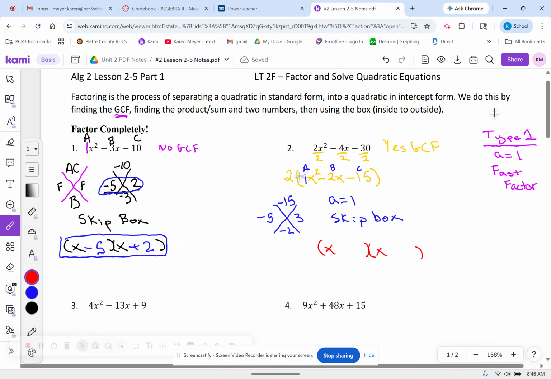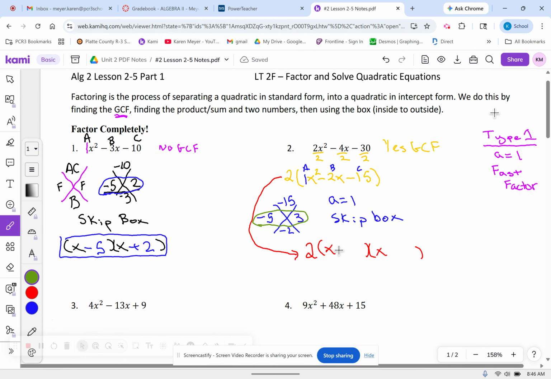Now, because I had a GCF, make sure you take your GCF number and bring it down and put it in front of your two parentheses. And then you take your two side numbers right here. So put -5 in one of them and +3 in the other. So you should have your GCF of 2 and then x minus 5 and x plus 3.